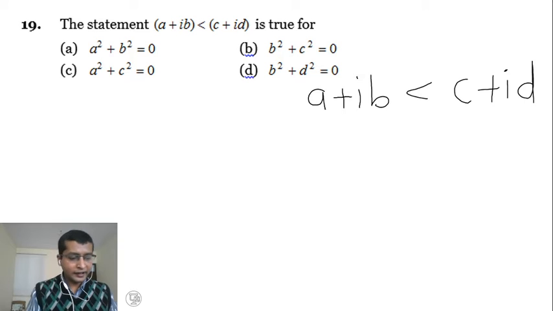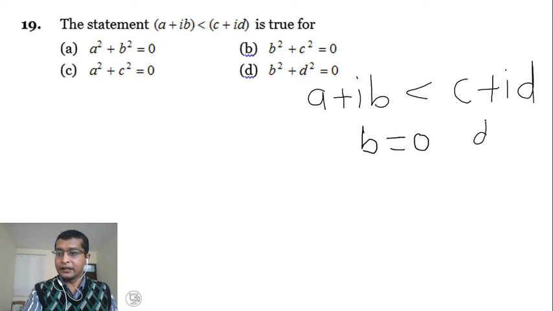If we take the value of b equal to 0 as well as d equal to 0, these are the complex parts, then we get a is less than c, then it is true.